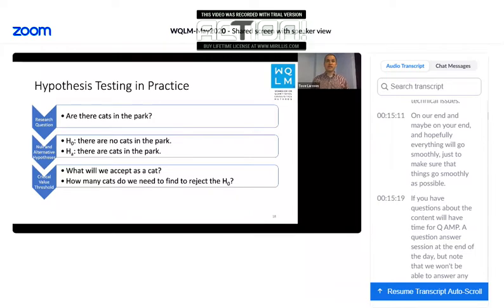This starts with us deciding what do we accept as a cat, what will count as we measure cats, and then we have to decide how many cats will be enough cats to reject the null. This is a very simple hypothesis. And so in this case, even one cat should be enough to falsify the hypothesis that there are none. So there are no cats in the park is falsifiable. We can actually test that by going in and seeing if we can find any.